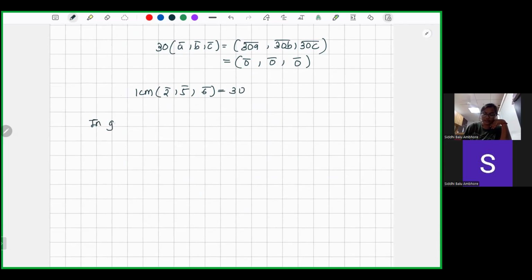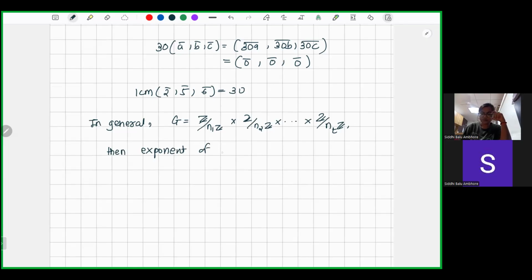Therefore, in general, you can check this: if G is equal to Zn1 cross Zn2 cross, so on up to Znt, then the exponent of G is the LCM of n1, n2, so on up to nt.